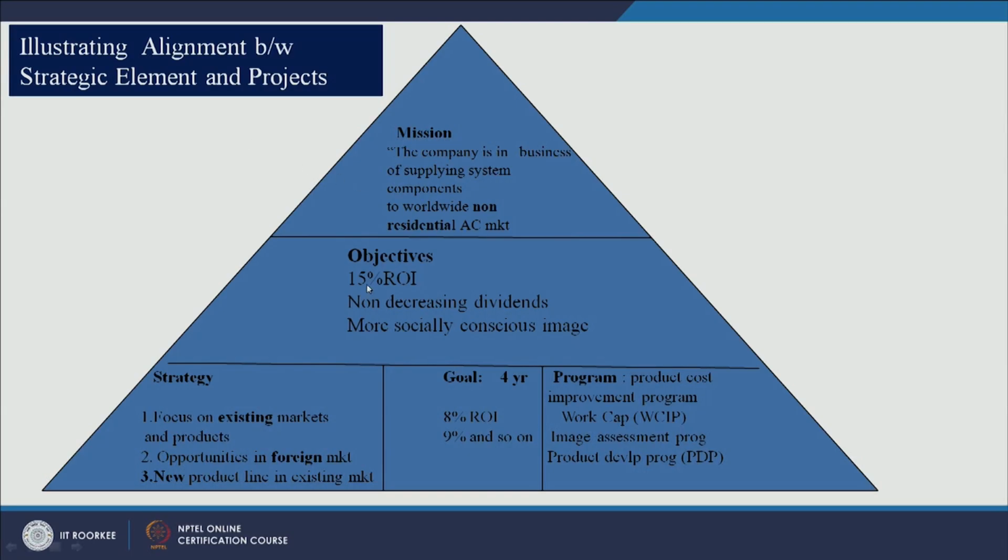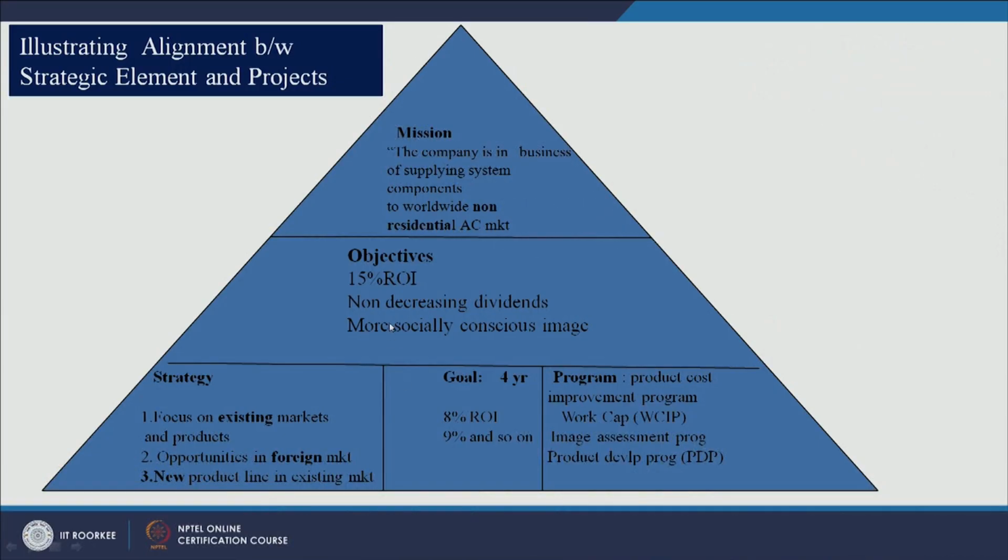So, for these objectives you can have these strategies. Either you focus on the existing market or you focus on some new market, let us say in some international market, or you can come up with a new product line in the existing market, and you can do several other things as well. So, these are your strategies.